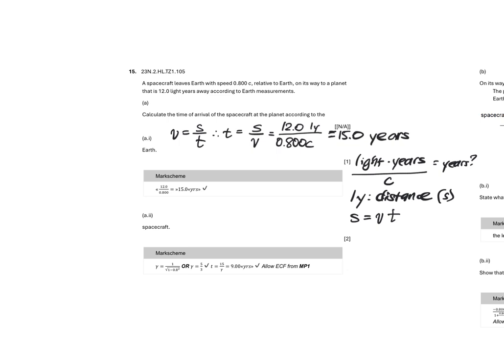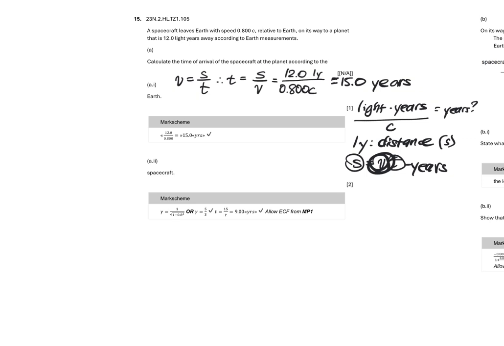Well, t here is going to be years, and light years measures distance. And so the word light must be measuring the light speed. It really should say light speed years, I guess, but that's where light years comes in. So yeah, light years over c gives time, gives years.